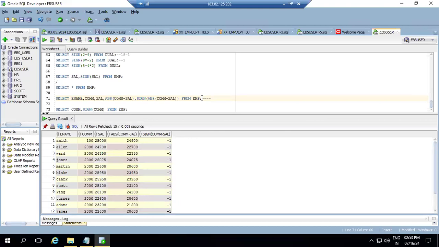It will display 1 or -1. Already it is -1 only. Sign means whatever values we are getting from the commission and salary columns, according to that it is going to work. If you want, add one more column before the sign, like commission minus sal over here.